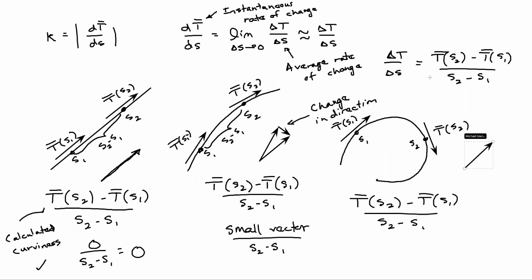And then here is T of S2. And how much change in direction was there? So you're going this way initially, you're going this way, and now you're going this way. So how much directional change has there been between the two? Okay, well, the directional change is going to be this vector here.